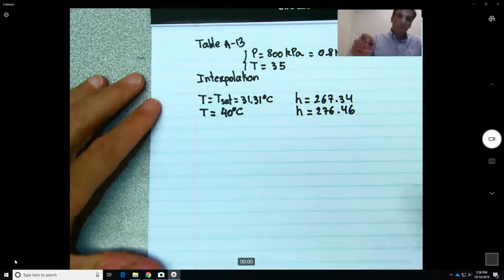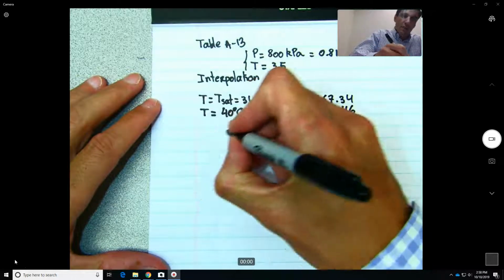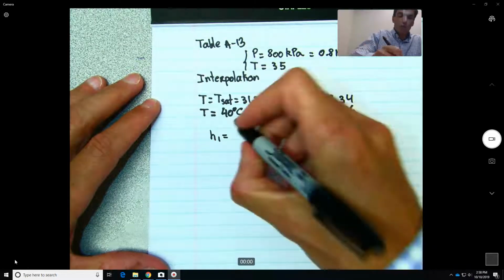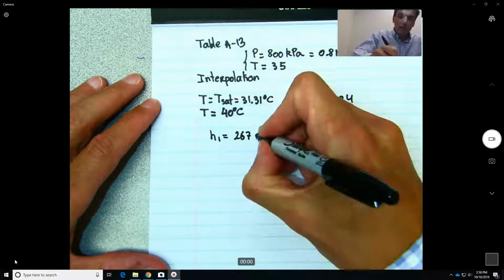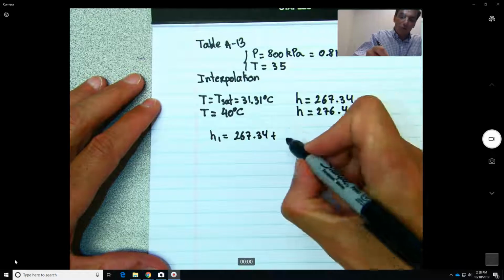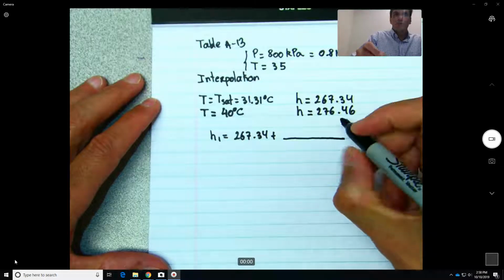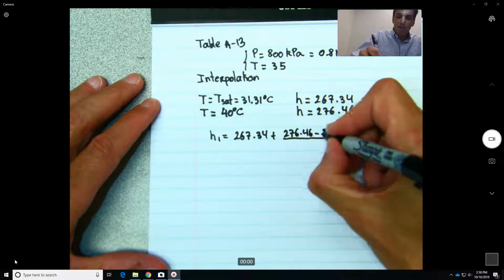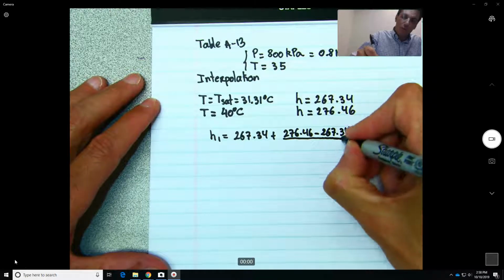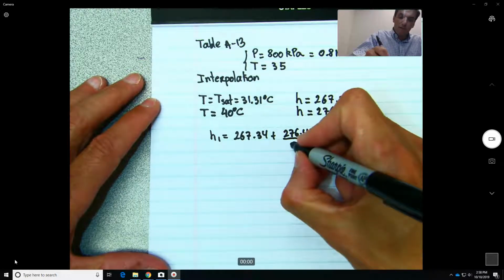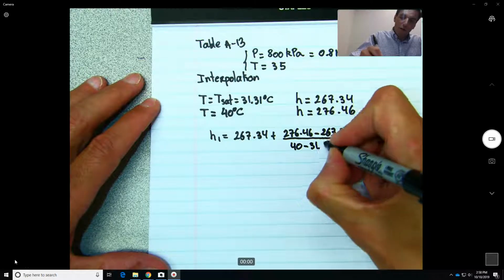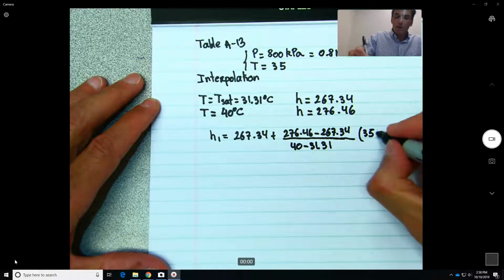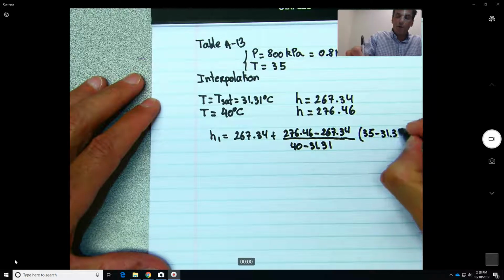it directly. So basically H1 in this case will be equal to what? H1 will be equal to the 267.34, I start by the lowest one, plus the slope. So what should be the slope is 276.46 minus 267.34 divided by 40 minus 31.31 times the amount of increment, 35 minus 31.31.